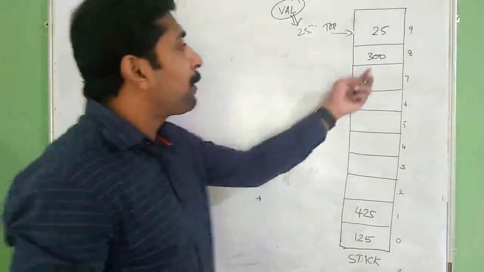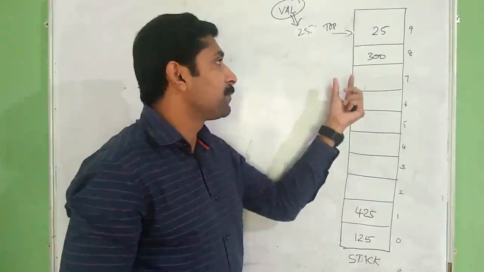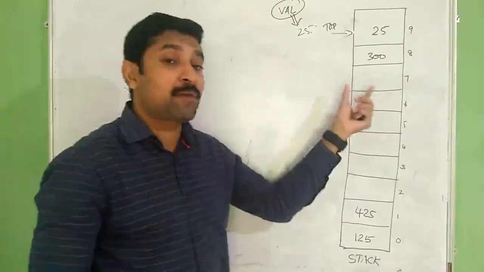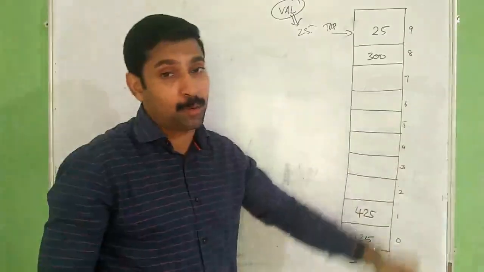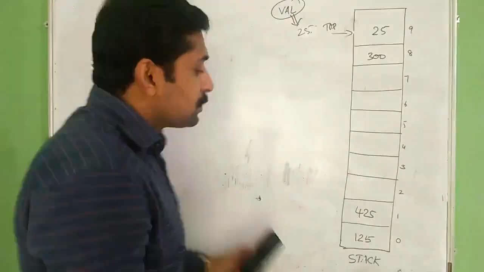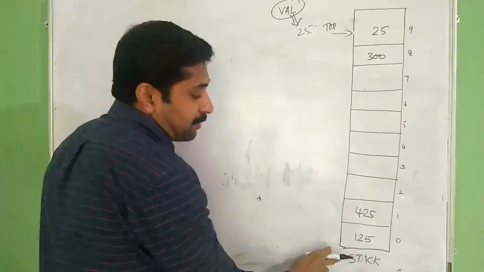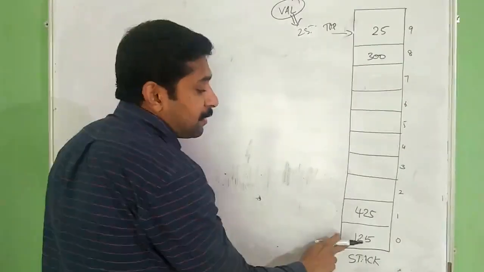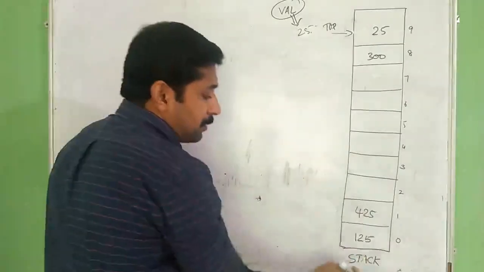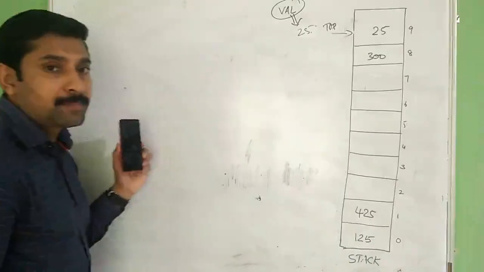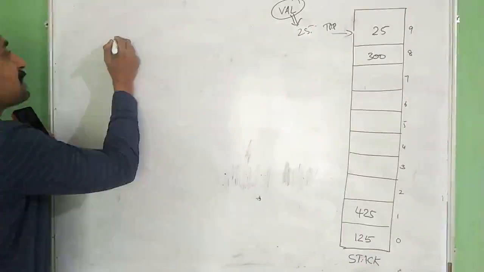In order to pop an item from a stack, we have to check whether there is an item in the stack or not. If there is an item in the stack, the top will be greater than minus 1. So we can make a condition like this.